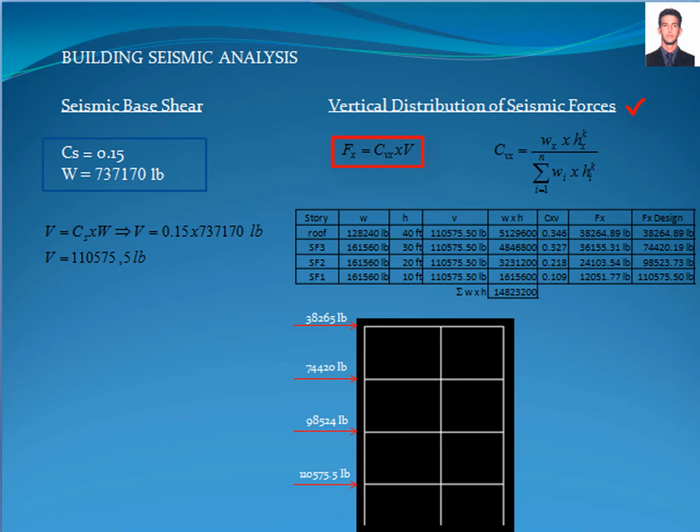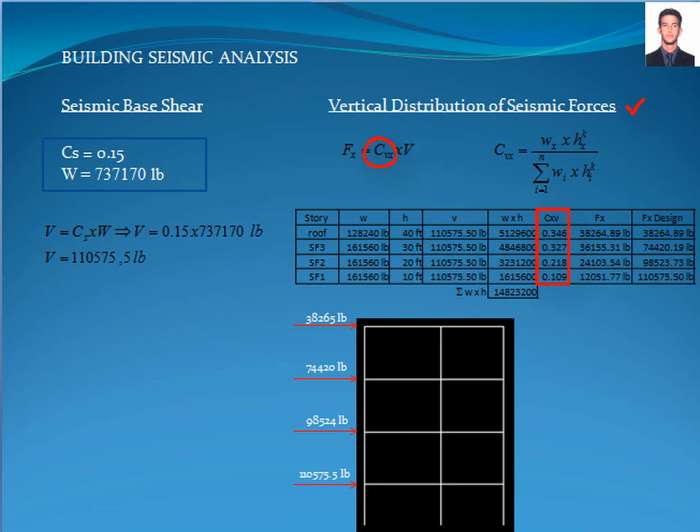Now, we're going to do a vertical distribution of the seismic force, according to equation 12.8-11 of the American Society of Civil Engineers standard, where Fx is the lateral seismic force induced at the story level, Cvx is the distribution factor, and V is the seismic base shear.